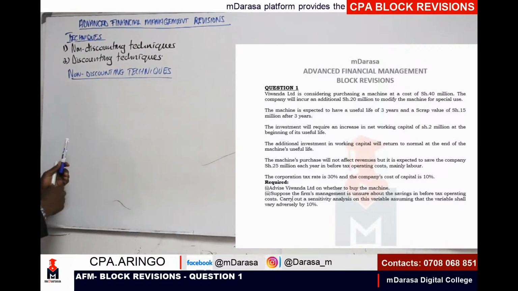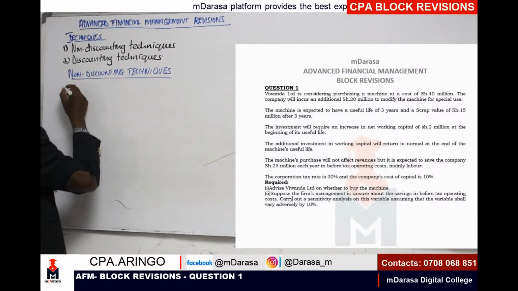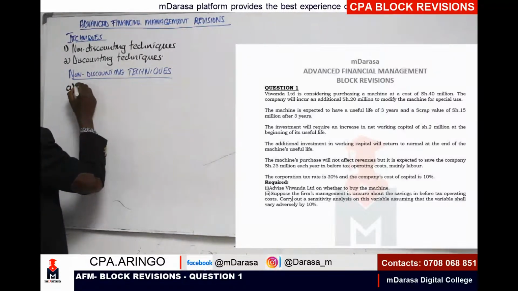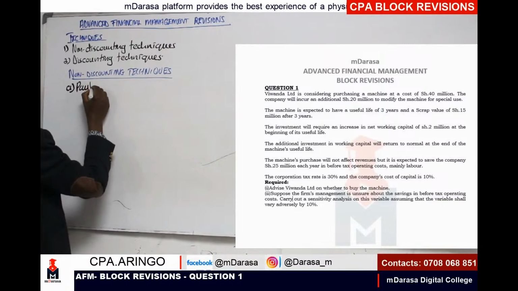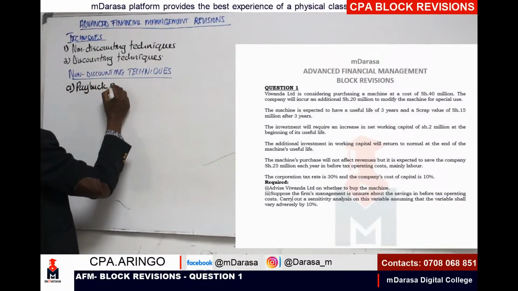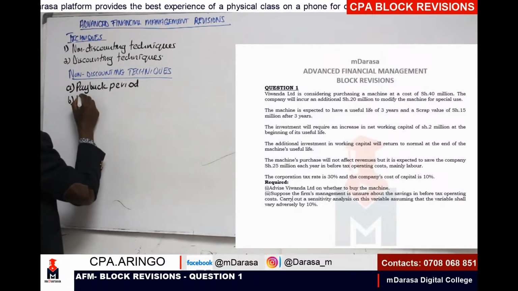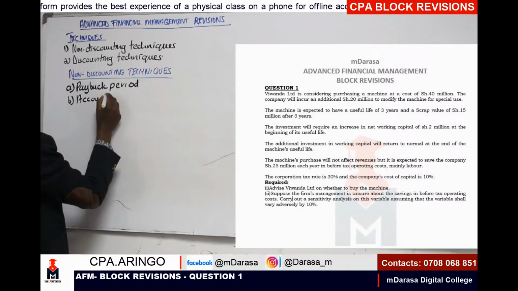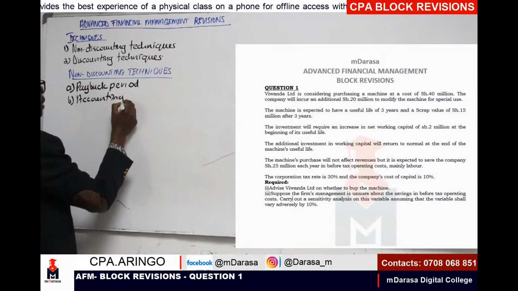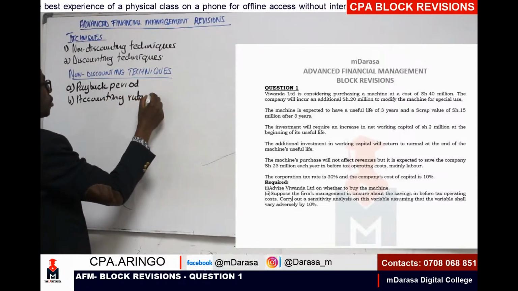That is, number one, payback period, and number two would be accounting rate of return.